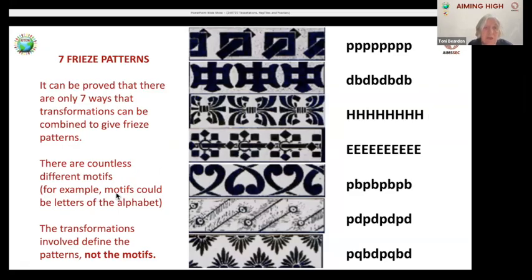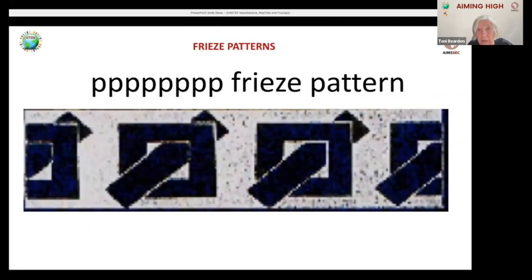So it's the transformations involved that define the patterns, not the motifs. We're going to go one by one through these and think about what transformations make the pattern.